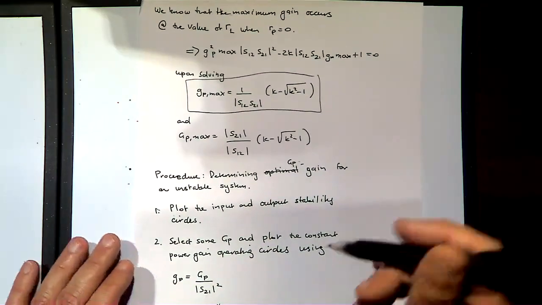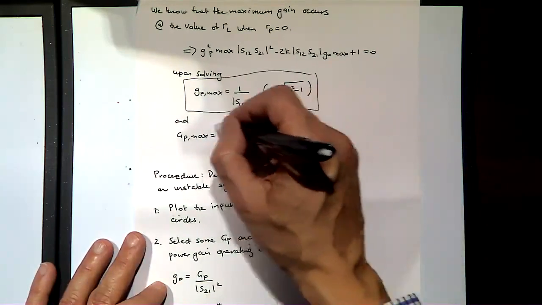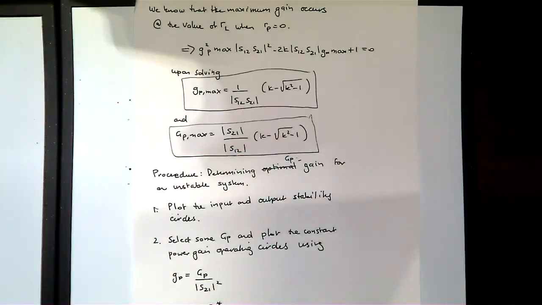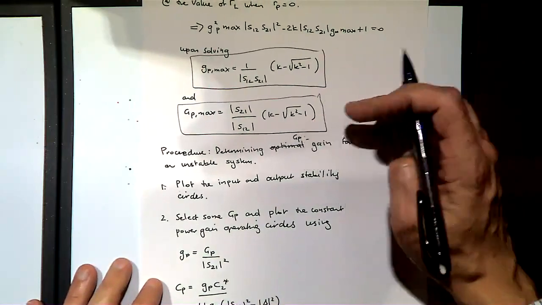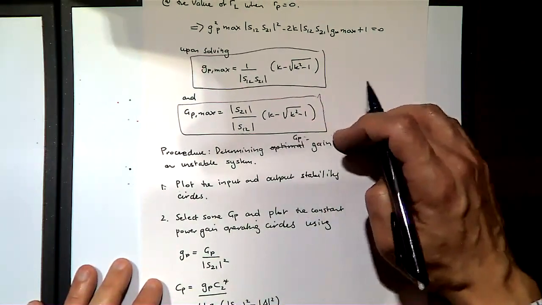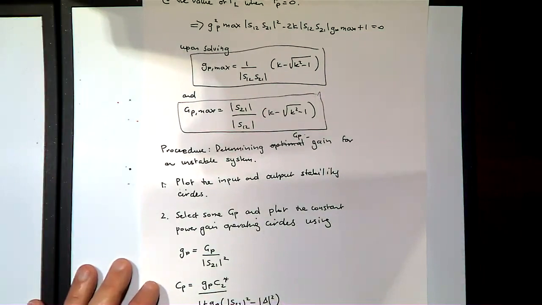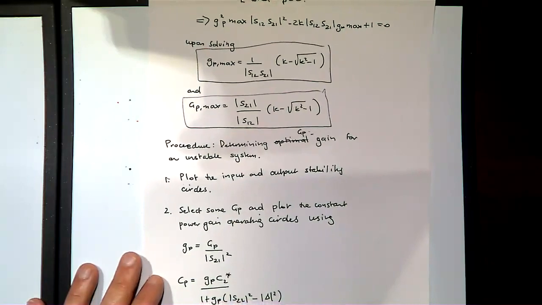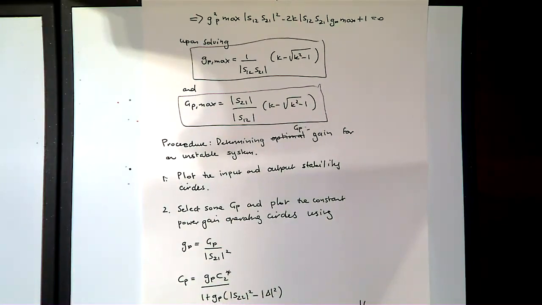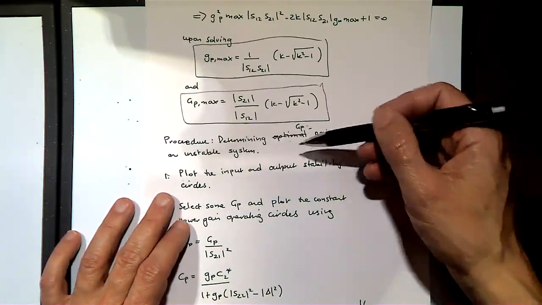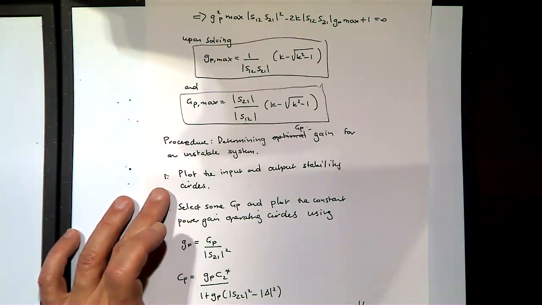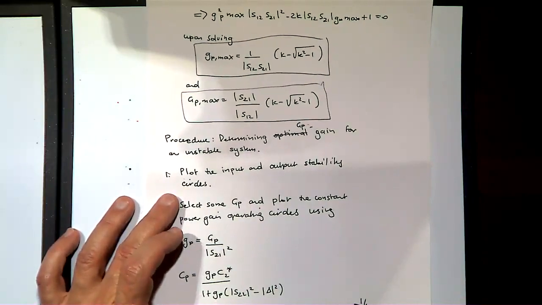Now, rather than worrying too much about the derivation, let's talk about the procedure for determining the maximum GP gain, or the GP gain for an unstable system. The very first thing you need to do, once you're given the scattering parameters, is determine the input and output stability circles. How do we do that?